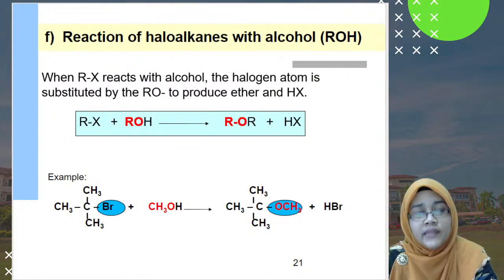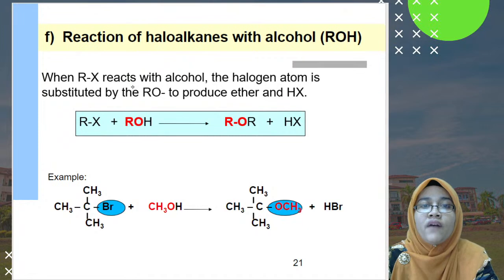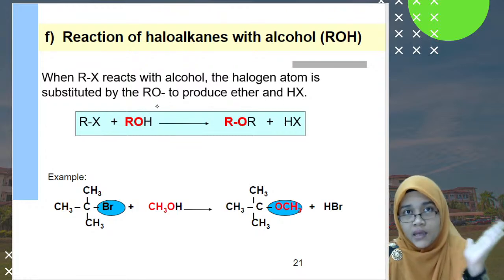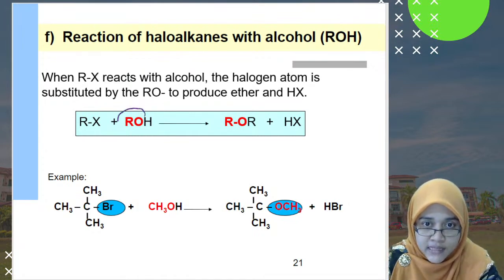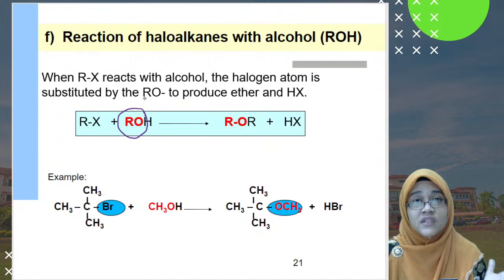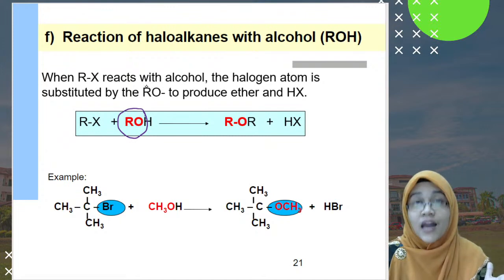Alright, next, we have RX, a haloalkane, with the halogen atom substituted by RO, producing HX. Previously we called it alkoxide, here we also have alkoxide, but this comes from alcohol. The previous one came from alkoxy.